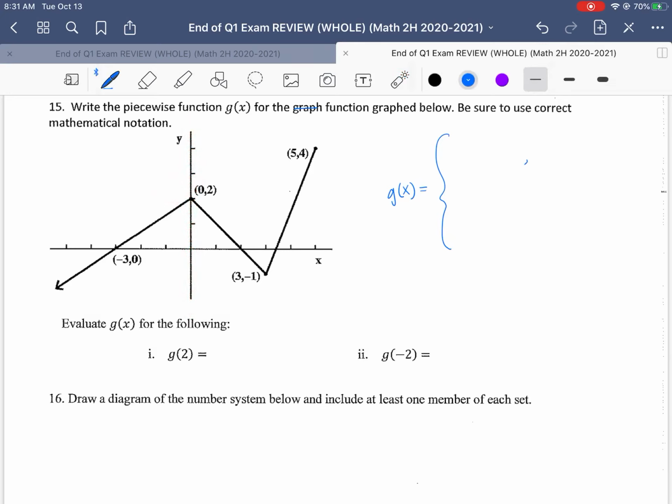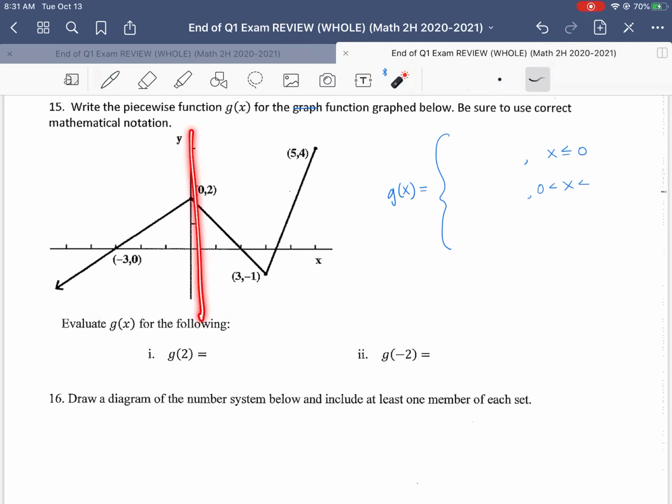So this first piece is going to be where x is less than, and we could include that point. Now it overlaps, so it doesn't matter which one I include it with as long as I just include it with one. x is less than or equal to 0. That's our first barrier.